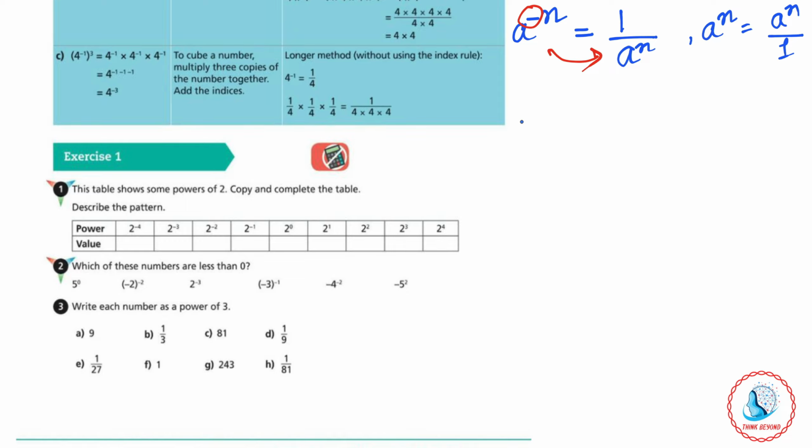And if any number has 0 as its power, it will give you 1. These are very important formulas that will be used in this chapter very frequently. You have to learn them by heart.